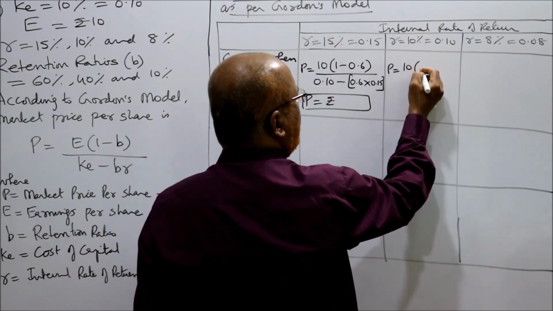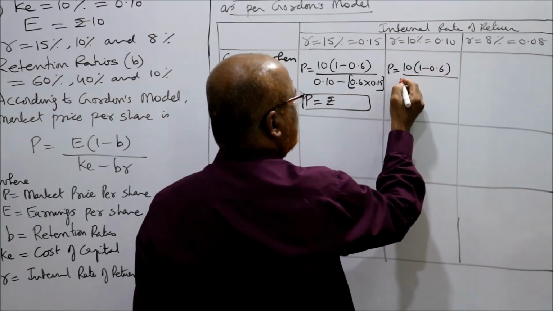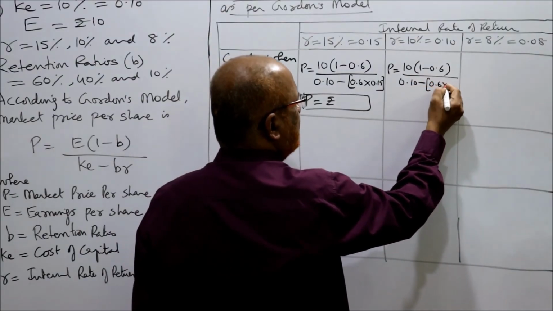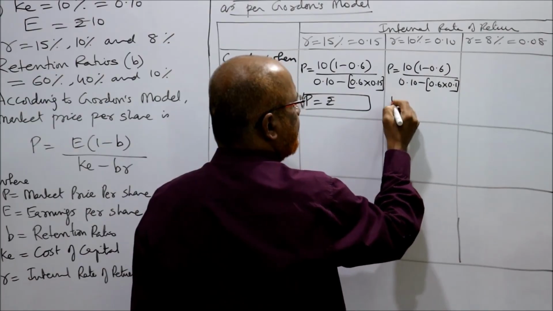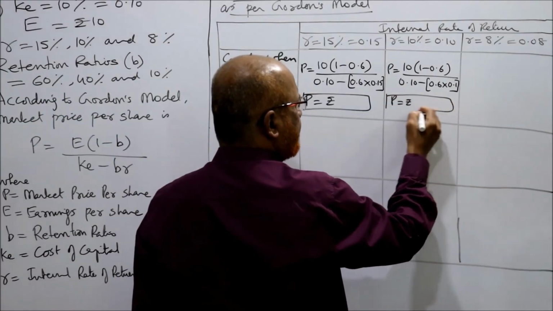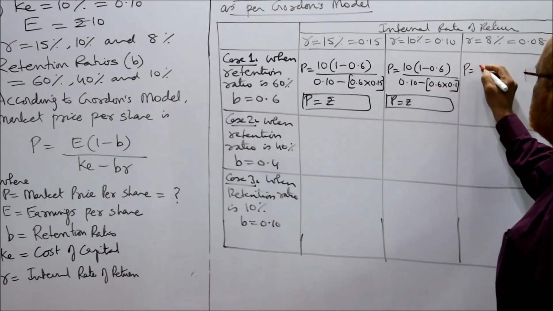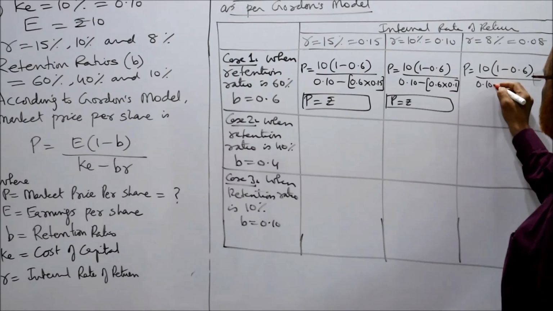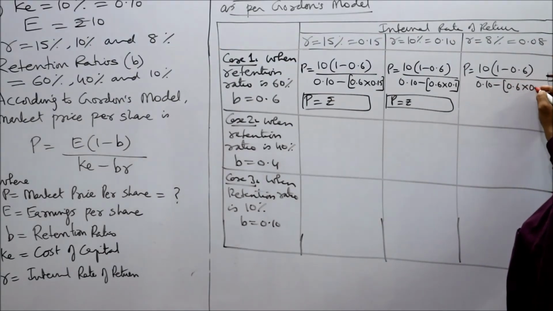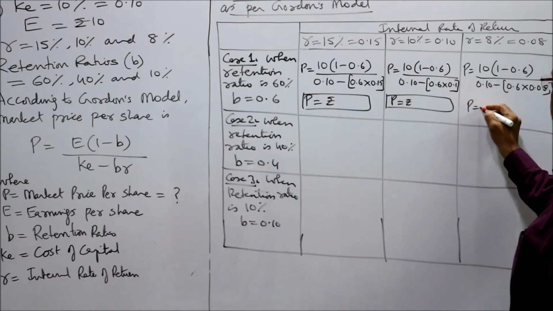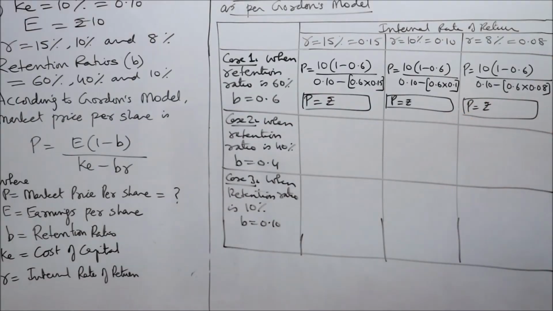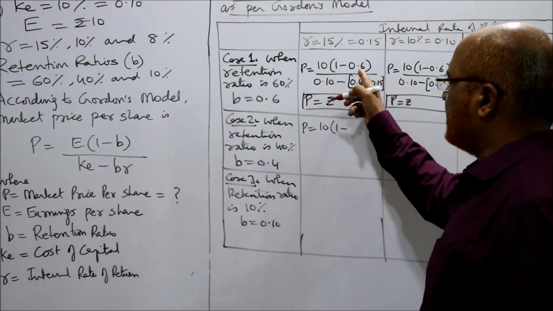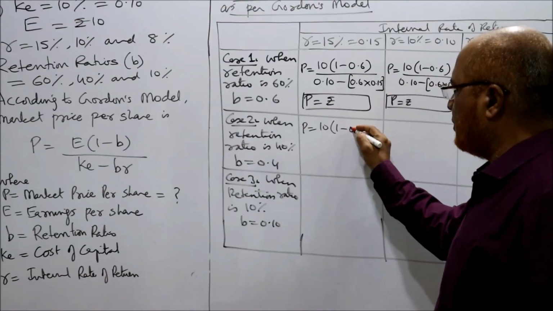P is equal to 10 into 1 minus 0.6 divided by KE 0.10 minus BR, 0.6 into 0.1. Similarly, P is equal to 10 into 1 minus 0.6 divided by 0.10 minus 0.6 into 0.08. That's it. Here, P is equal to 10 into 1 minus B. What is the B value here? 0.4.